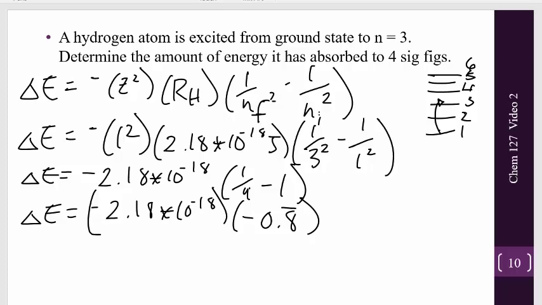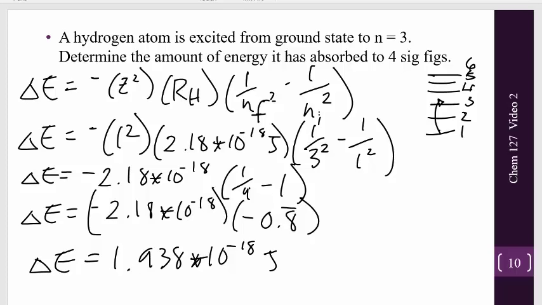So we multiply these together and we get a positive answer, which we expect for an absorption event, gaining of energy, which works out to be 1.938 times 10 to the negative 18th joules. So that's the amount of energy that it took for an electron to get from quantum level 1 to quantum level 3. That's the energy that was absorbed by this hydrogen atom electron.